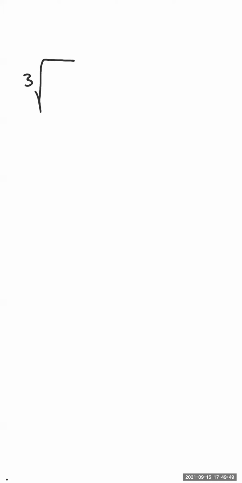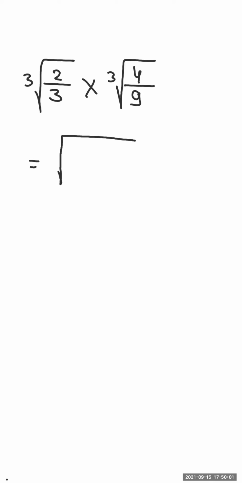If there is a question like this, cubic root of 2 over 3 times cubic root of 4 over 9. Here, guys, simply we can multiply the two fractions. So it will equal cubic root of 2 times 4, so I have to multiply the numerators. 2 times 4 means 8 over 3 times 9, which equals 27.